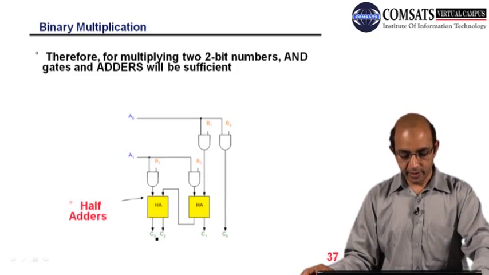This is a half adder, and the sum is fetched here. So you can have the half adders and connect them in this way in order to perform the multiplication.